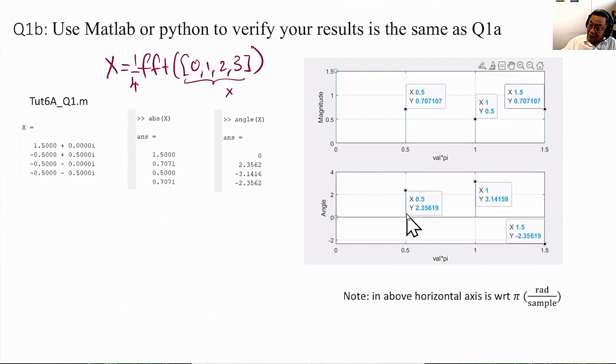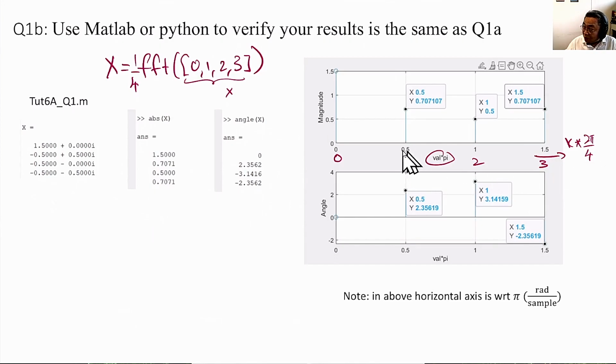Now we can plot the magnitude and the phase spectrum. In here, I'm going to plot k times 2 pi over 4. So this is k equals 0, 1, 2, 3, and you'll realize that 2 pi over 4 is 0.5 pi.